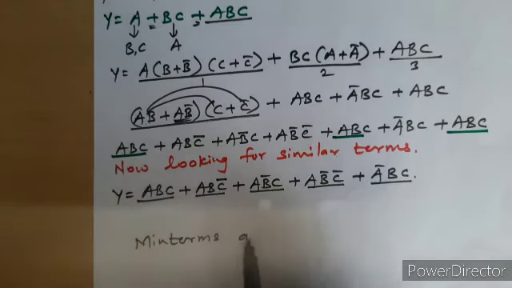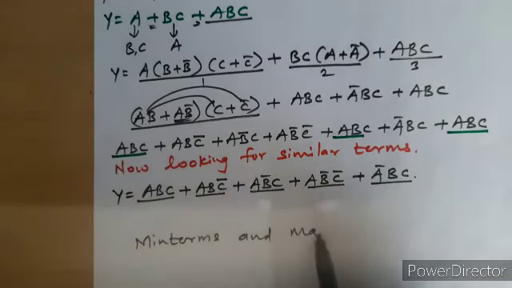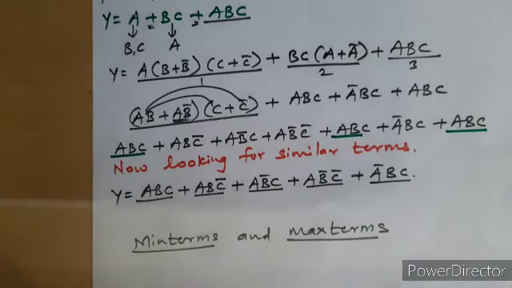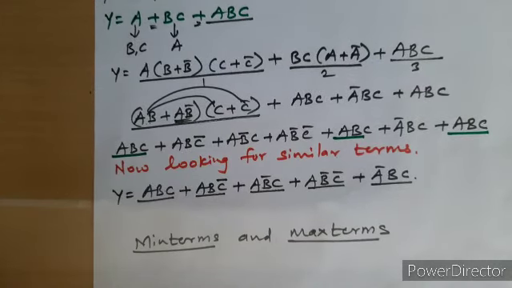Okay, the next very interesting and very shorthand concepts are these terms, min terms and max terms. So from a given truth table, we may have just a truth table, and from that we are supposed to design a circuit.